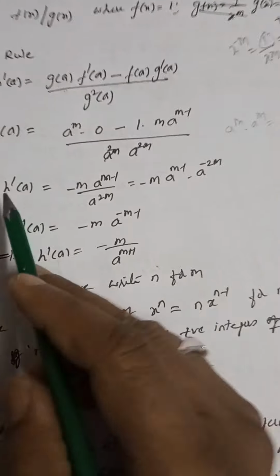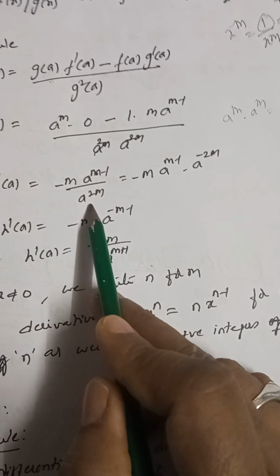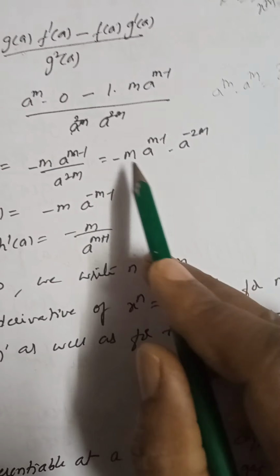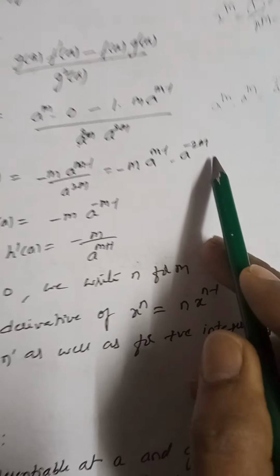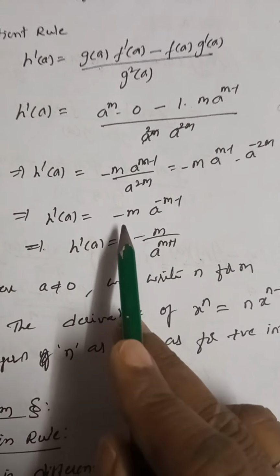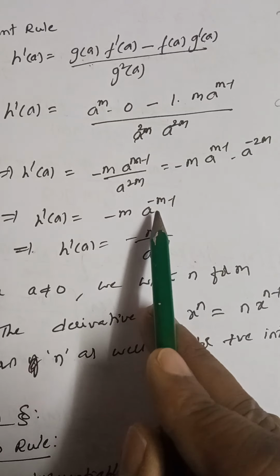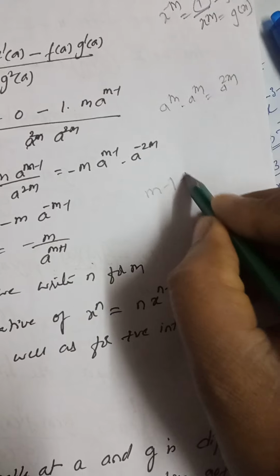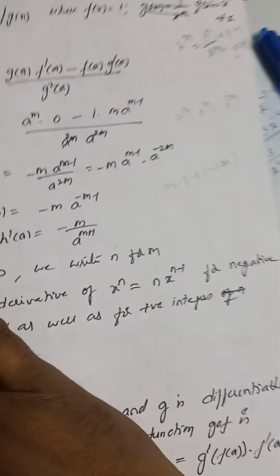Now, h dash of a is equal to, on simplification, minus m into a power m minus 1 by a power 2m. Again, transposing this denominator to the numerator, we get minus m into a power m minus 1 into a power minus 2m. Therefore h dash of a is equal to minus m into a power m minus 1 minus 2m, which is minus m minus 1.